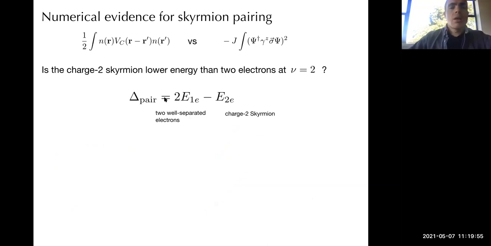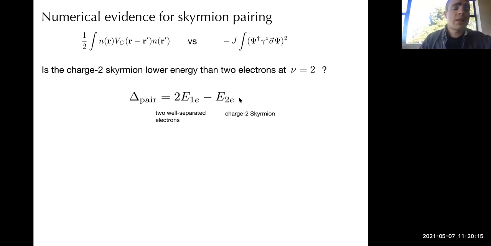Okay, thanks. What's the numerical evidence that in the model, the charges actually enter in the form of skyrmions? Once you get into the energetics, there's competition here. Coulomb does not want them to bind into charge 2e, while the ferromagnetism prefers this.